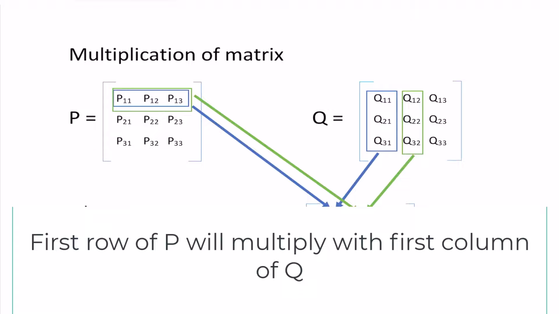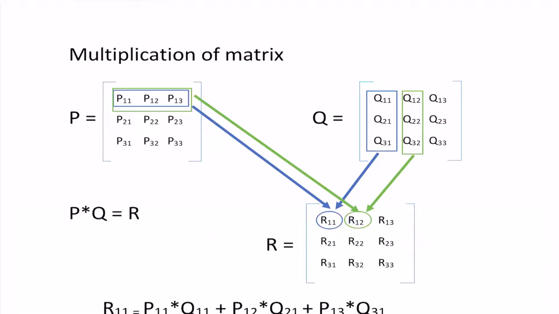For R11, what we have to do is that the first row of the first matrix is going to multiply with the first column of the second matrix. Similarly, it goes for R12.